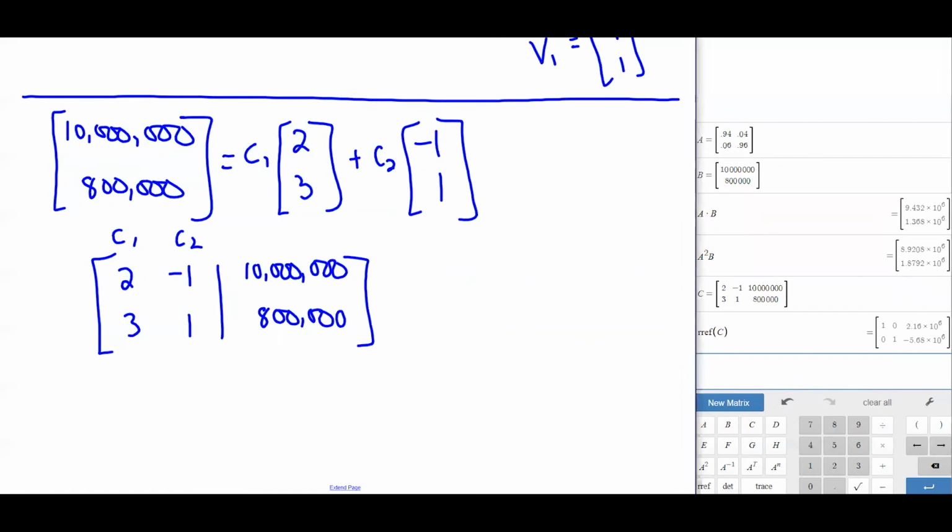So I get C1 is 2,160,000. C2 is negative 5,680,000. I think that's a 6. Let me rewrite that.